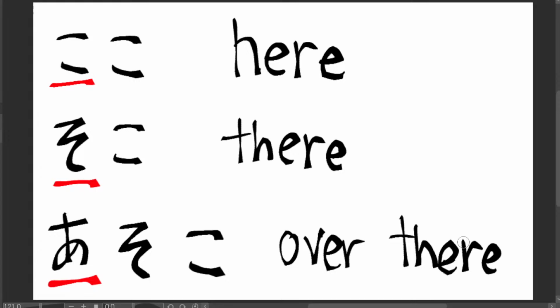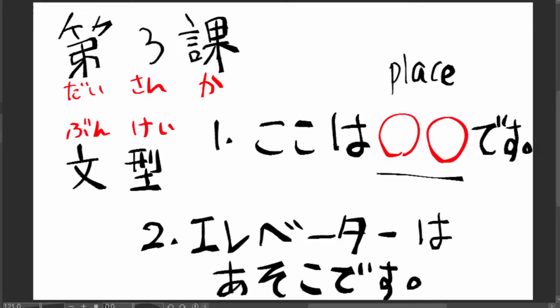So, back to the bunkei, the sentence structure that we're doing today. ここは〇〇です。Here is 〇〇. Here is my room. Here is my house. Here is the hospital. So you put a place at this 〇〇. ここは病院です。ここは私の部屋です。Number two, エレベーターはあそこです。The elevator is over there.